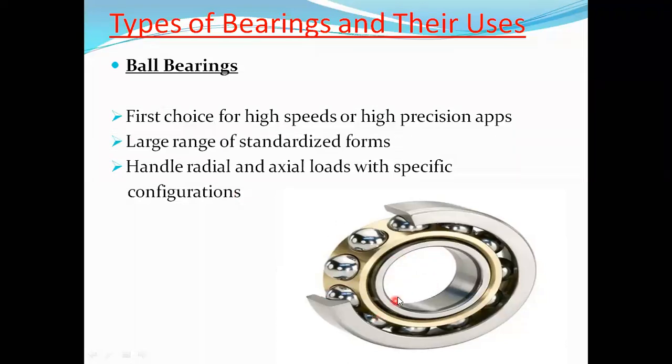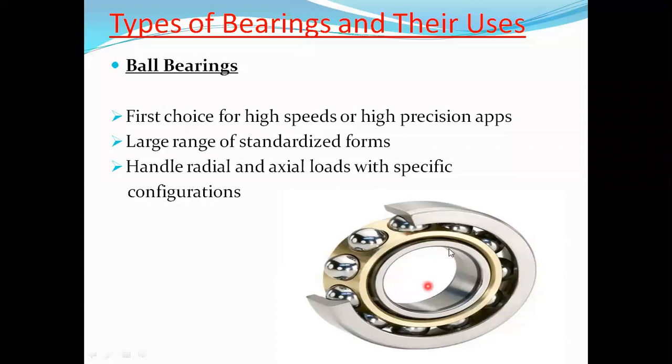This type of ball bearing is used for high speed or high precision applications, and it comes in a large range of standard forms. It has different standards, and this type of ball bearing is used to carry radial and axial loads. So whenever radial and axial loads are acting, we use the ball bearing.